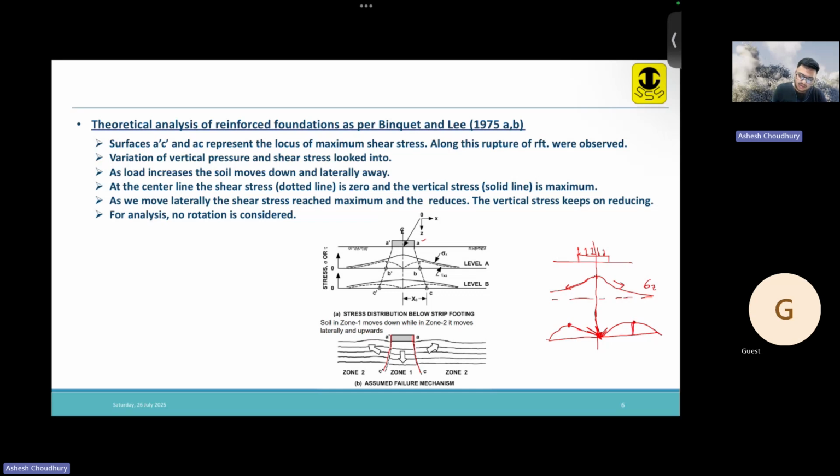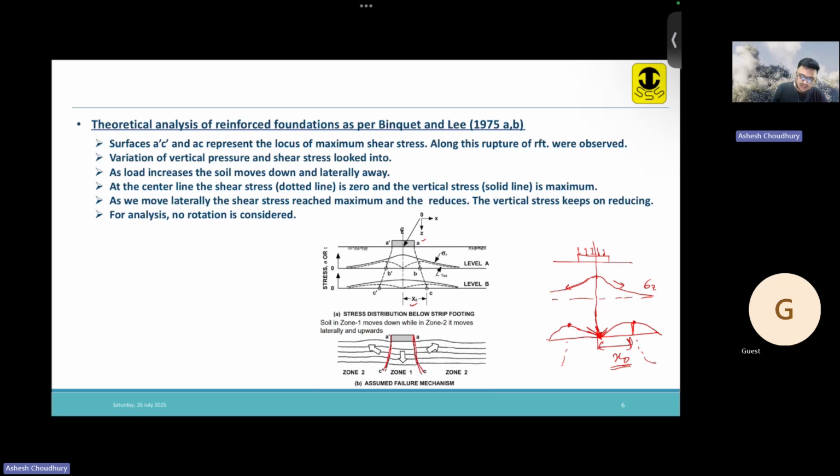The point at which the shear stress is maximum from the center, that point we mark as x naught. At various depths, you will have various points at which the shear stress will be maximum. If you join the locus of all those points, you can make a line.